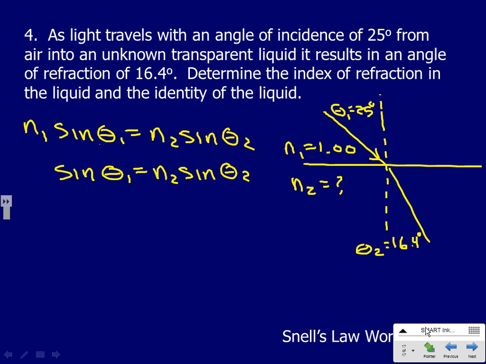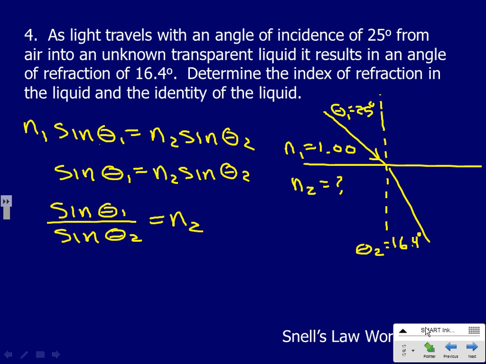You don't have to, but I want to rearrange this and show you something. If I want to get N2 by itself, I divide the sine theta 2 to the other side, and I get sine theta 1 over sine theta 2 is equal to N2.